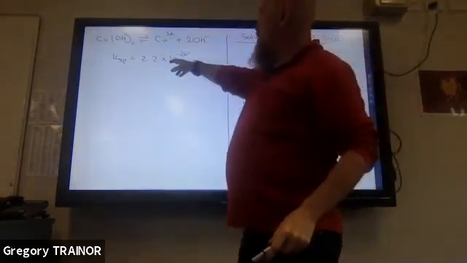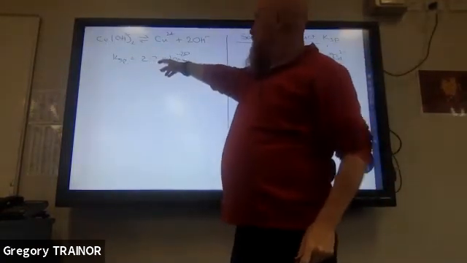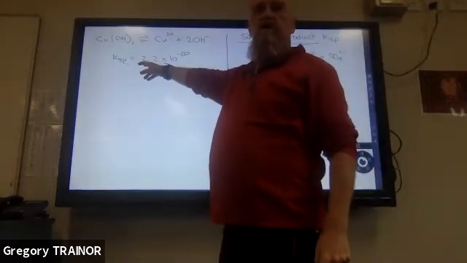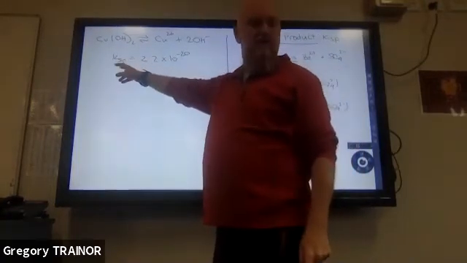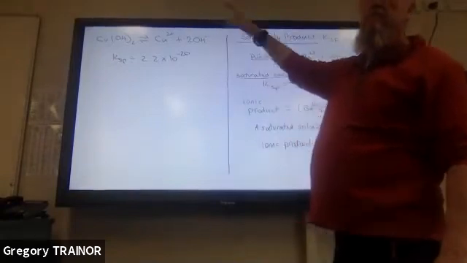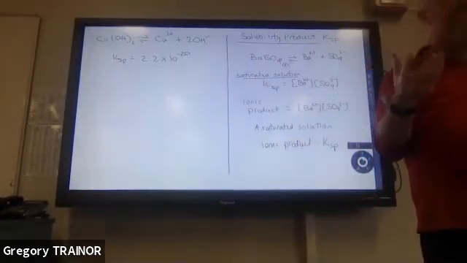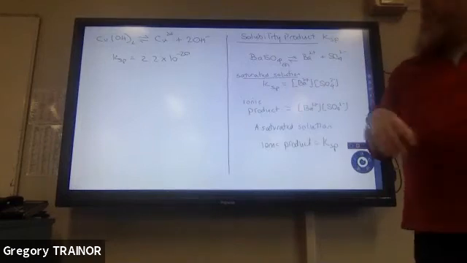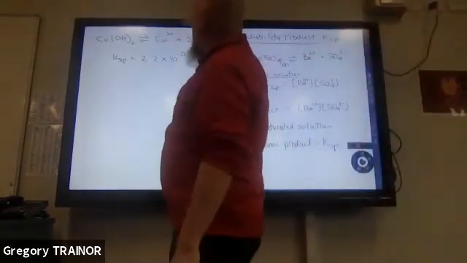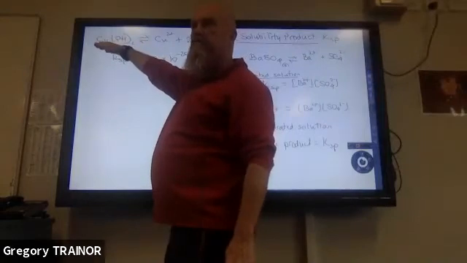Now, what does this number tell us? Right, so this actual number, what's it telling us? It's telling us that copper hydroxide is incredibly insoluble. Because remember that K is products over reactants.